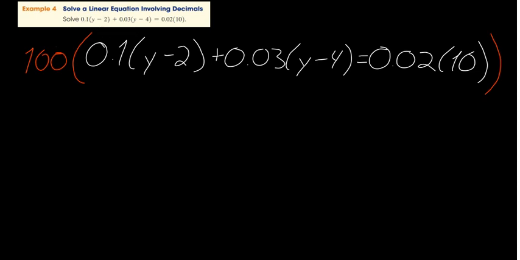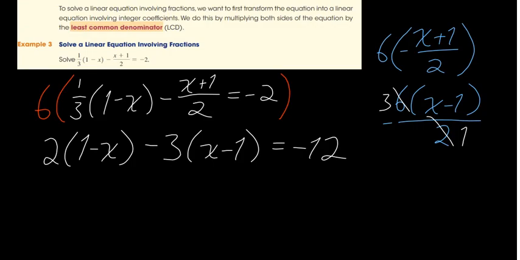I want to go back to the previous problem real fast. When I distributed the 6, it looked like I just distributed onto the 1/3, and I actually kind of did, but the reason is that this is the entire first term. Multiplying it by that 1/3 doesn't really change anything, because what I'm doing essentially is saying 6 times 1/3 times 1 minus x.